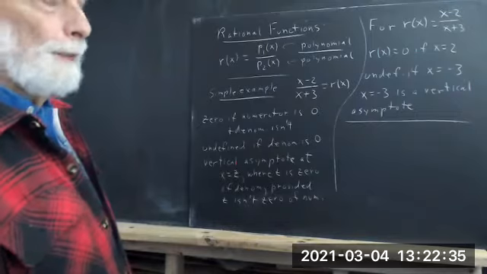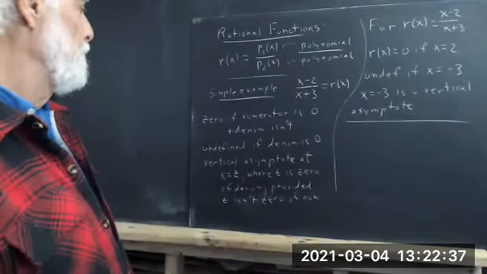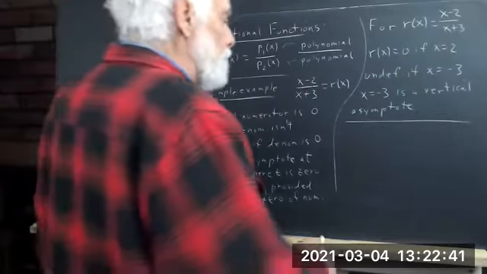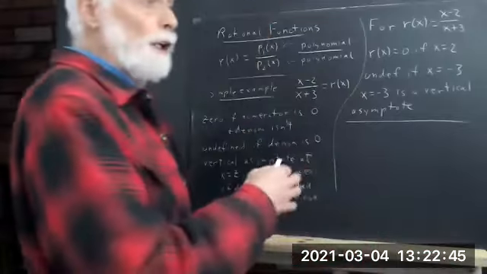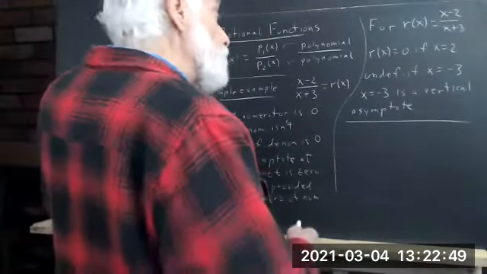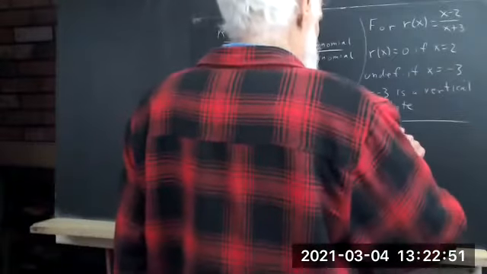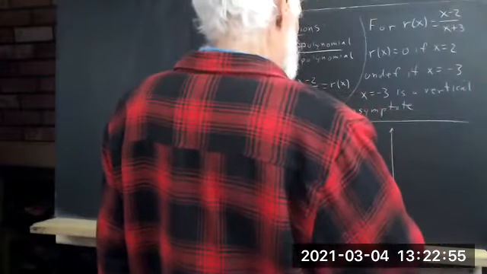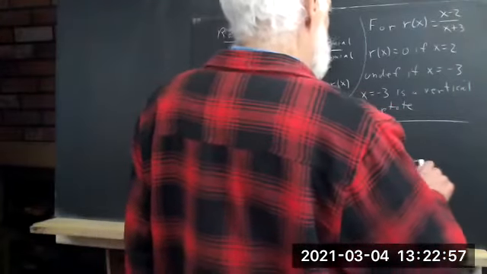Now, what does that tell us about the graph? There is one more characteristic of the graph that we need to think about, and that's the long run behavior. But at this point, we have this much information.